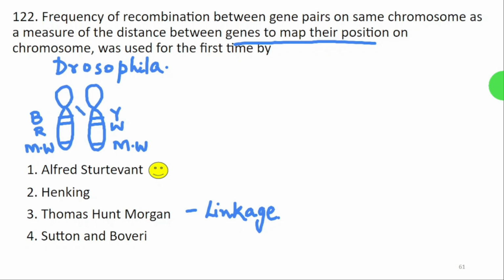So, when a cross was done, if you do a dihybrid focusing only on the body color and the eye color, you would expect to get the parental types, BR, brown body red eye, and yellow body white eye. These are called the parental types.